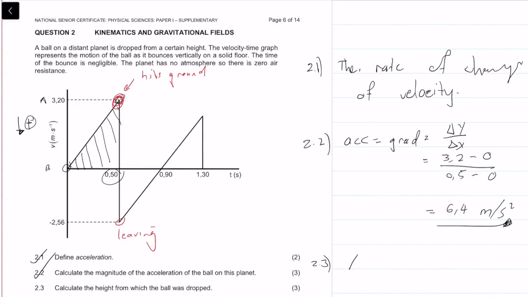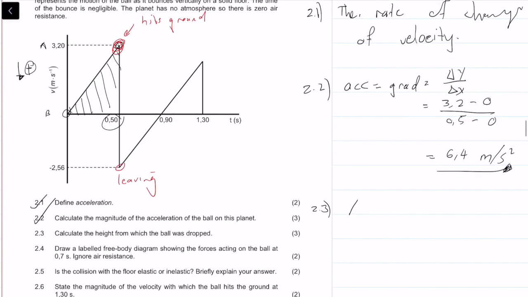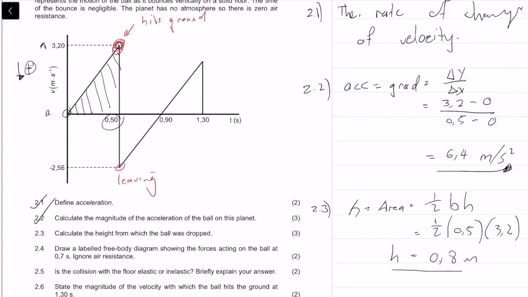The height is equal to the area, which is equal to a half times the base times the perpendicular height. We know that the base is 0.5 and the height is 3.2, and so the height is 0.8 meters. Okay, cool stuff.